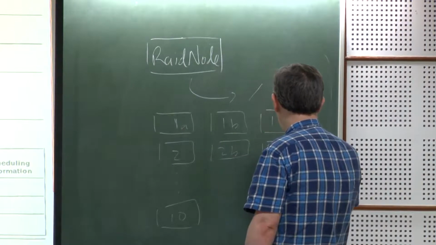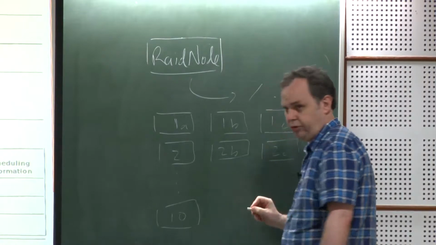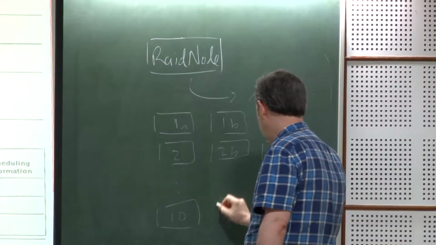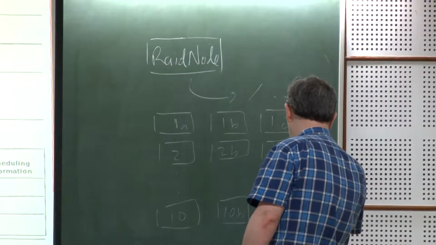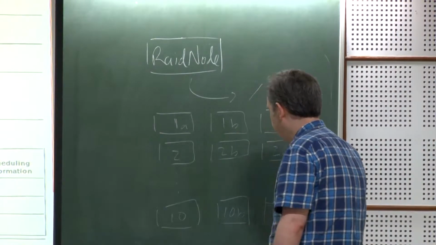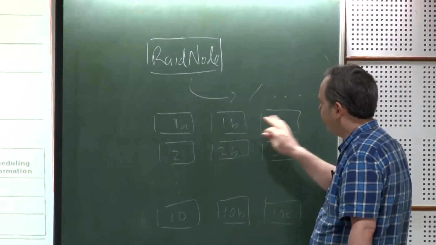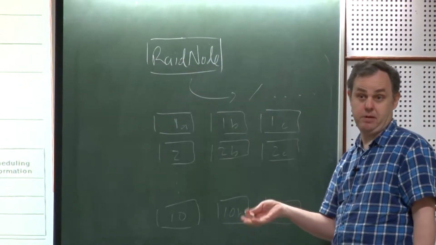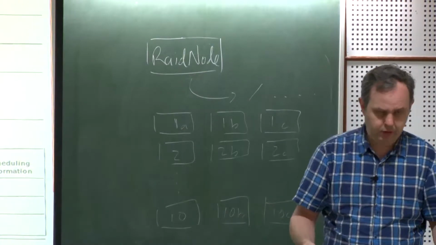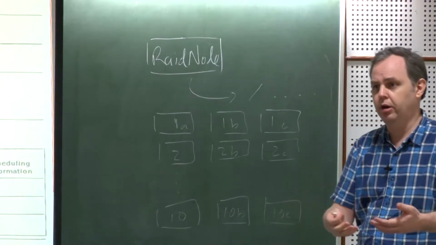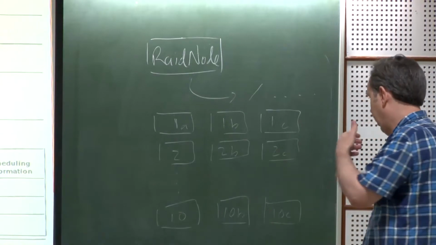This is what we're used to seeing. I'll just be complete and put 10B and 10C. So this is how the file would be stored in the system with replication. And that's good. Replication is good when you're doing processing, like the MapReduce jobs and so on. It gives you extra ability to access things.